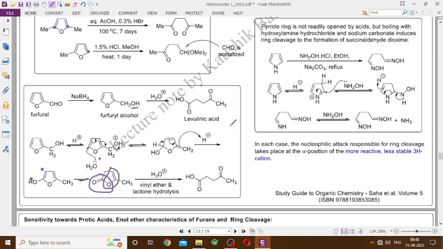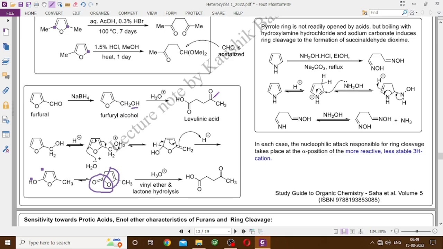This is a familiar molecule to you. We have discussed the retrosynthesis and synthesis of this molecule via multiple routes in our previous studies. This is known as levulinic acid. That means 1, 2, 3, 4, 5. This is 4-oxopentanoic acid, or levulinic acid.